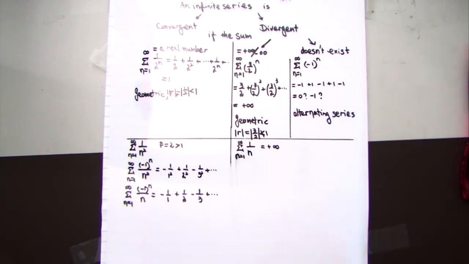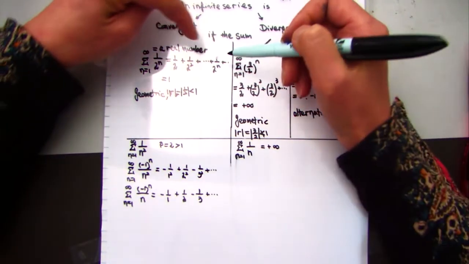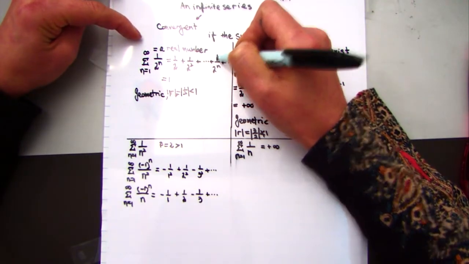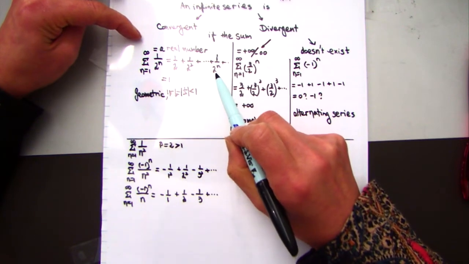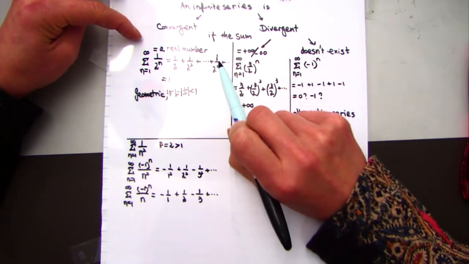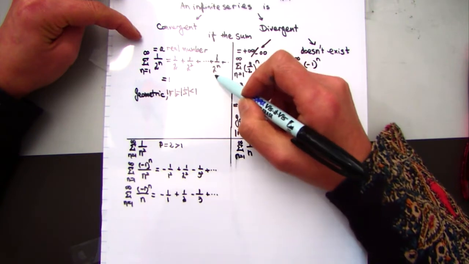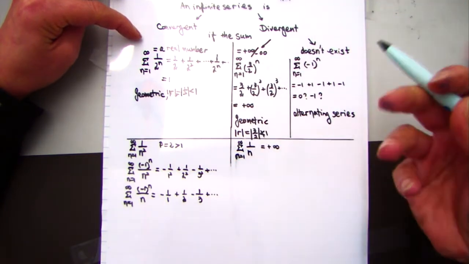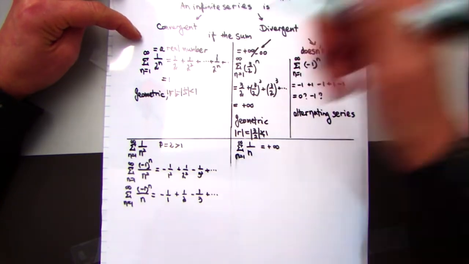What does that mean? That means when you reach the nth term, for example, look at our geometric series, my favorite example, of course. Take the limit of 1 over 2 to the n when n goes to infinity, 1 over infinity, 0. What does that say? That is saying the term gets really, really tiny. So look at our alternating series.